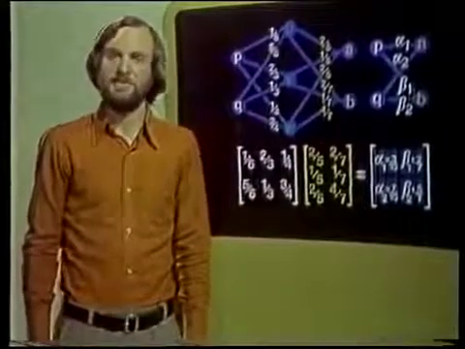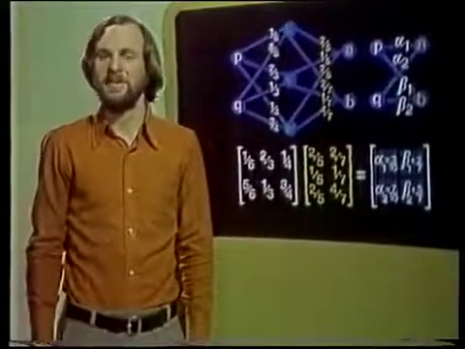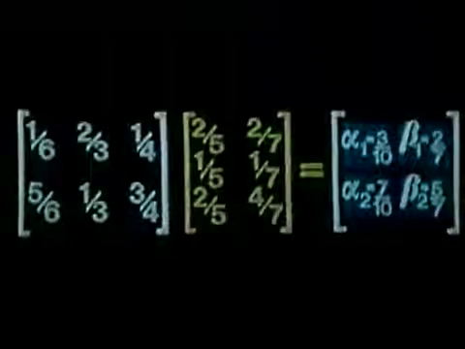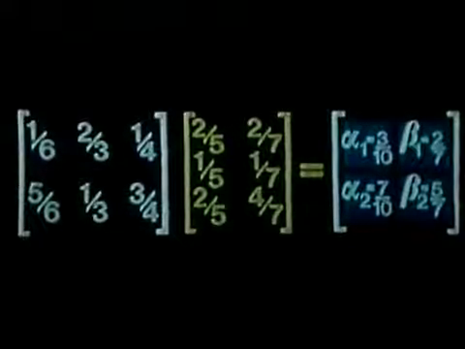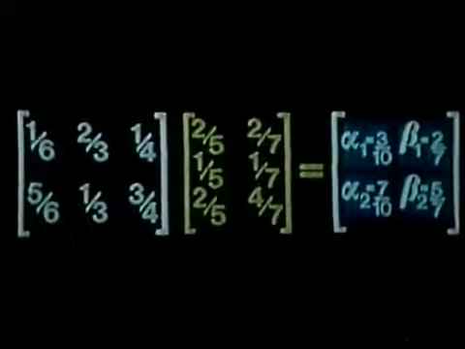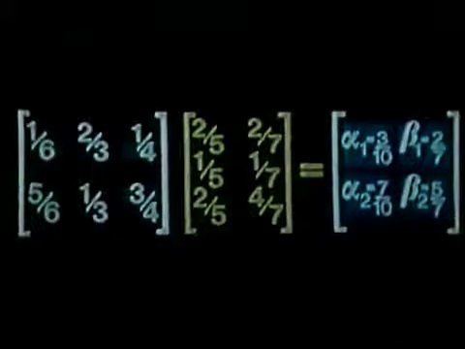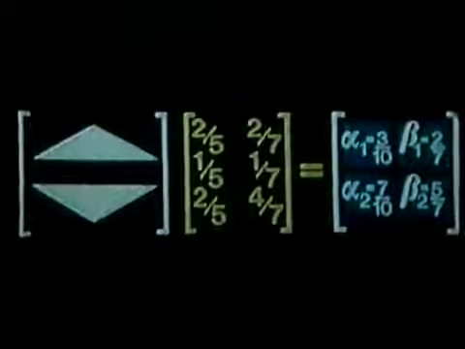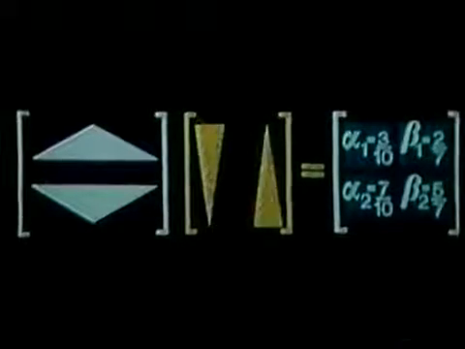So let's get rid of the numbers and concentrate on the pattern of matrix multiplication. We take the left-hand matrix and think of it as being made up of 2 rows of numbers. And we consider the right-hand matrix as being made up of 2 columns.